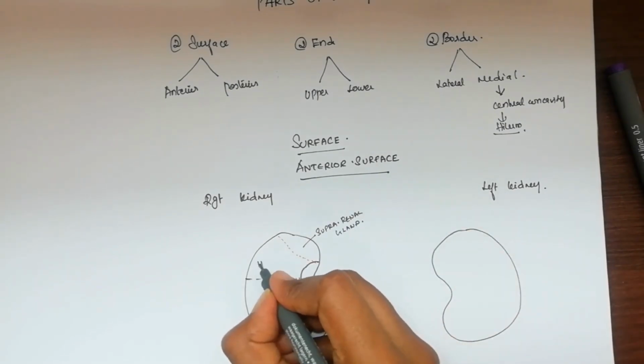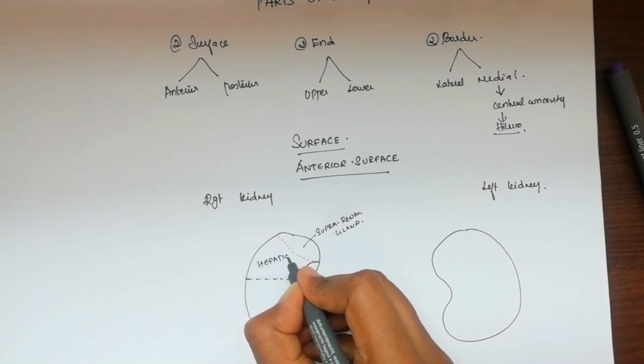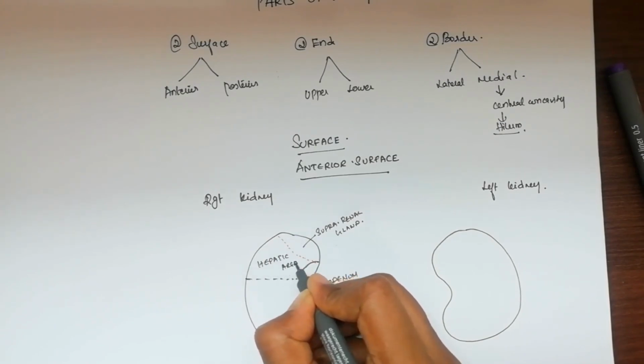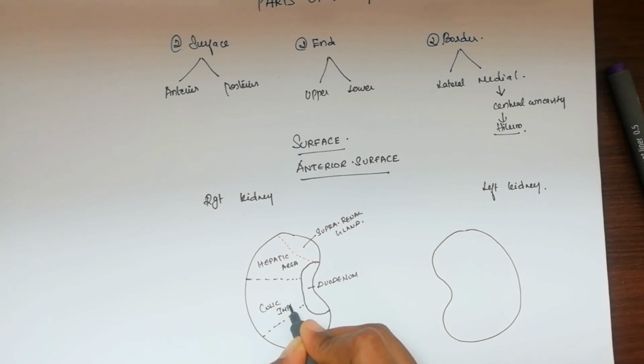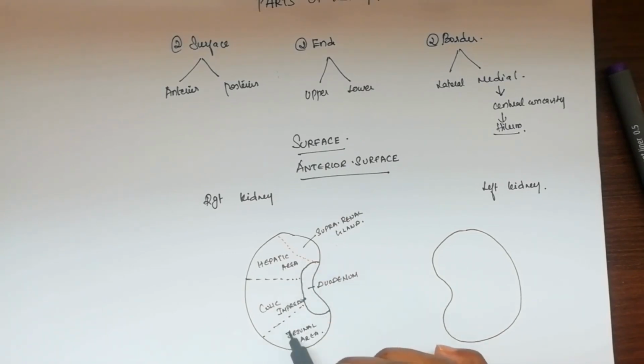Here we have got the hepatic area, where the inferior surface of the liver is related, and this area is the colic impression, which is for the transverse colon, hepatic flexure, and the one below we will call the jejunal area. So the jejunal impression will be seen. So these are the 5 organs related to the anterior surface of the right kidney.